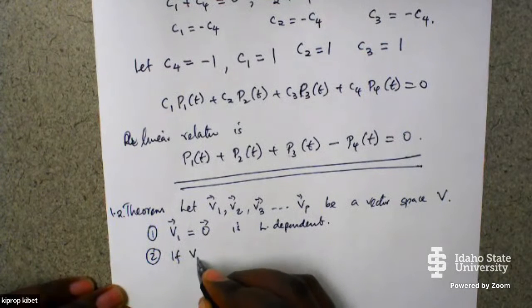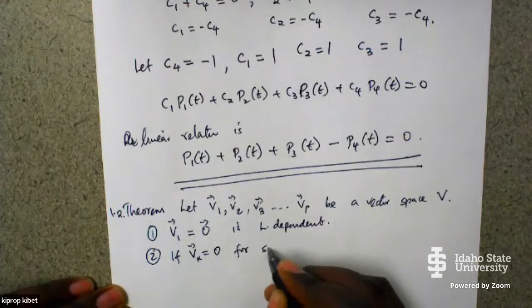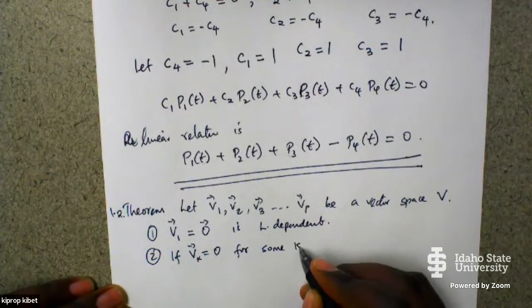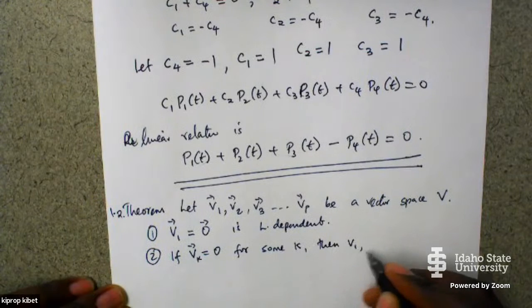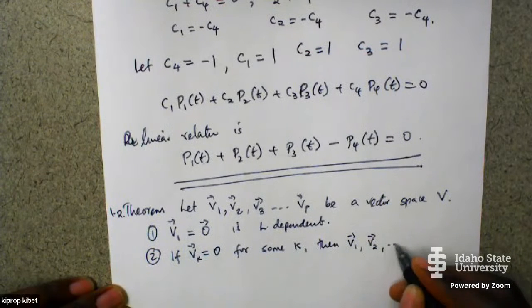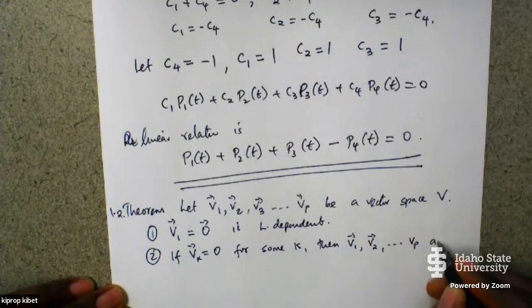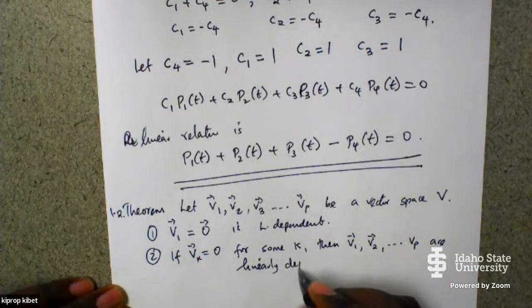Number 2: if Vk equals 0 for some k, then V1, V2, all the way to Vp are linearly dependent.